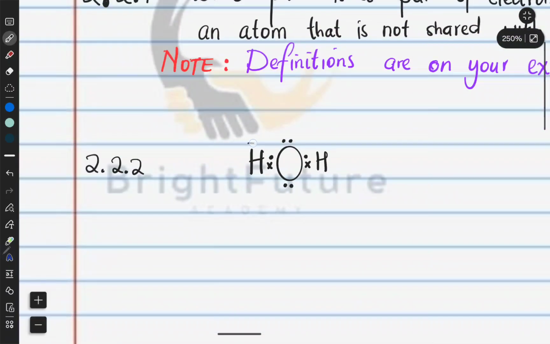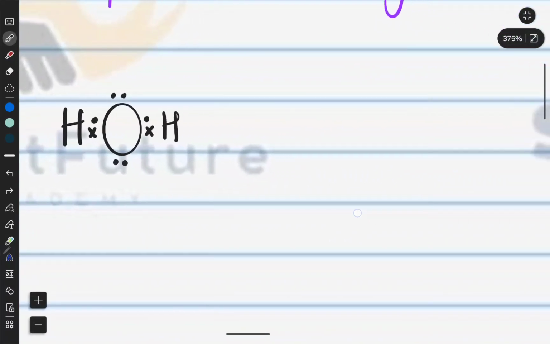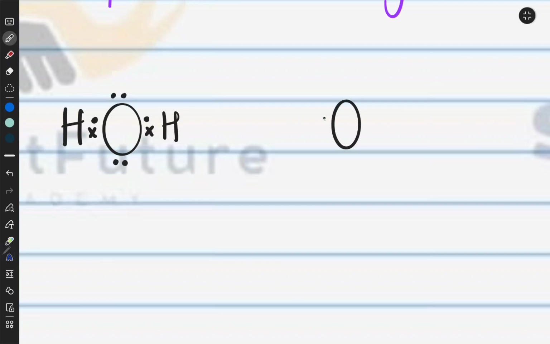You don't have to draw those smaller circles. Also, you could have drawn it in a different way. There's no fixed way of doing it. Even if you did it like this, with your H here and your other H there and the lone pairs somewhere here, it doesn't matter as long as there's the correct number of lone pairs, the correct number of atoms, and the structure makes sense.